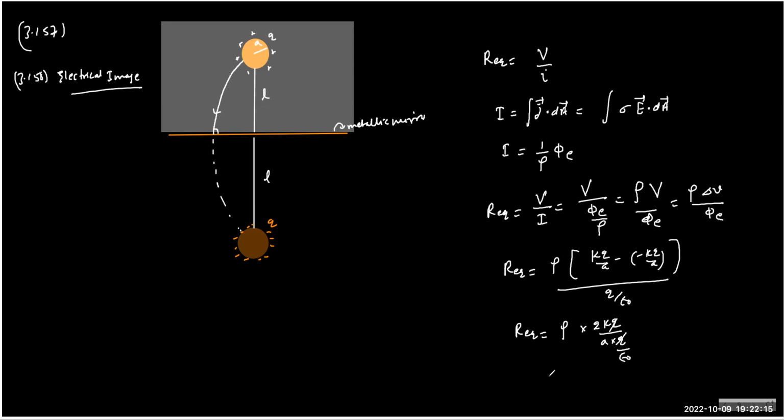Q gets cancelled. So 2 rho by A into epsilon naught, into K, which we can write as 1 by 4 pi. This also gets cancelled. So what we are getting is rho by 2 pi A.